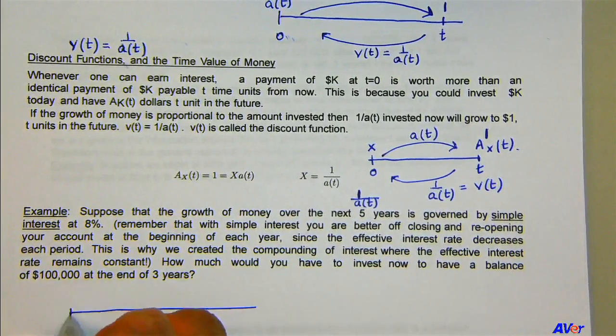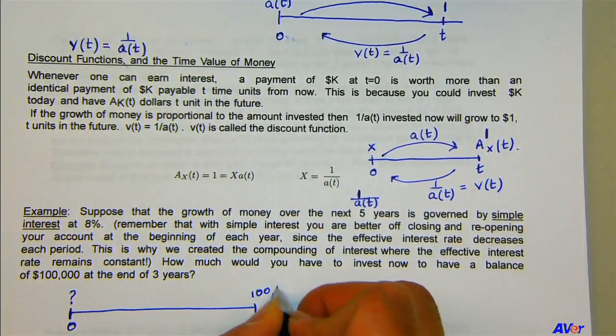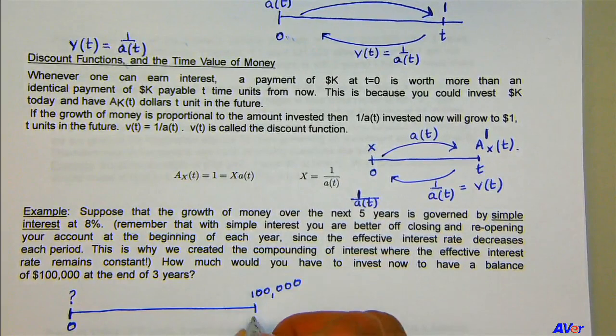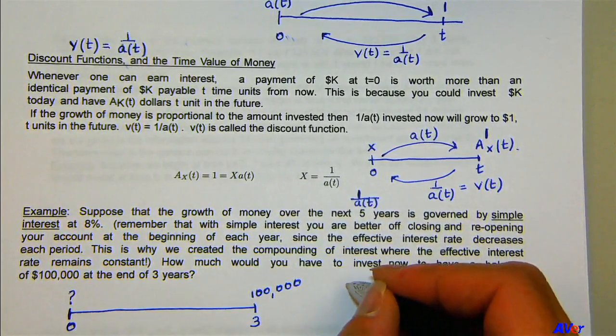So it's saying how much now at time 0 so that you have $100,000 at time 3 years. And it's saying please use simple interest. So can you tell me what is the accumulation function for simple interest at 8% simple interest? What is the accumulation function?